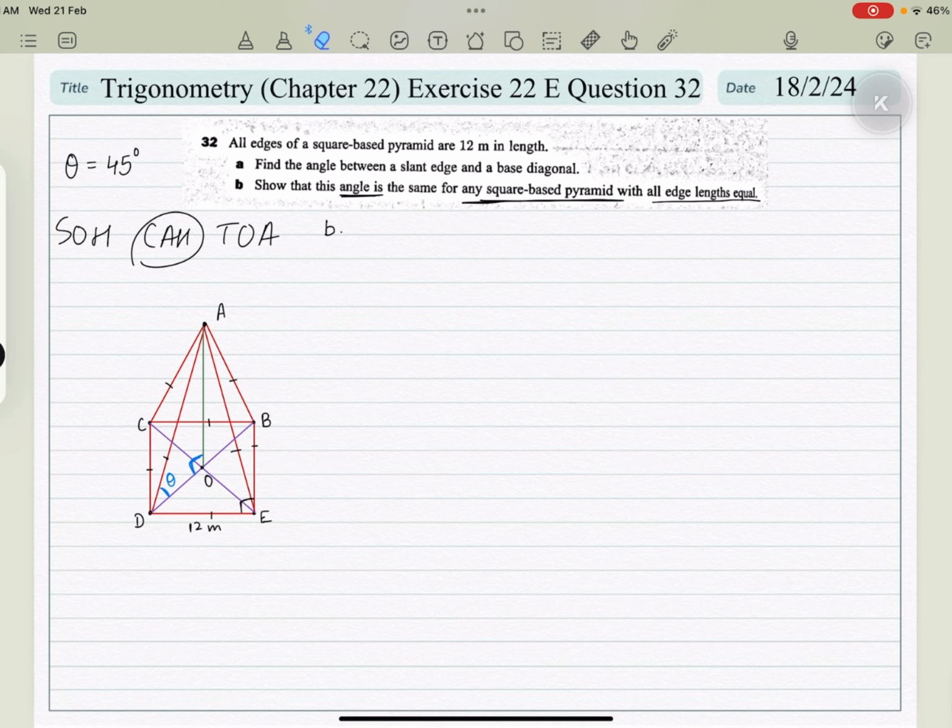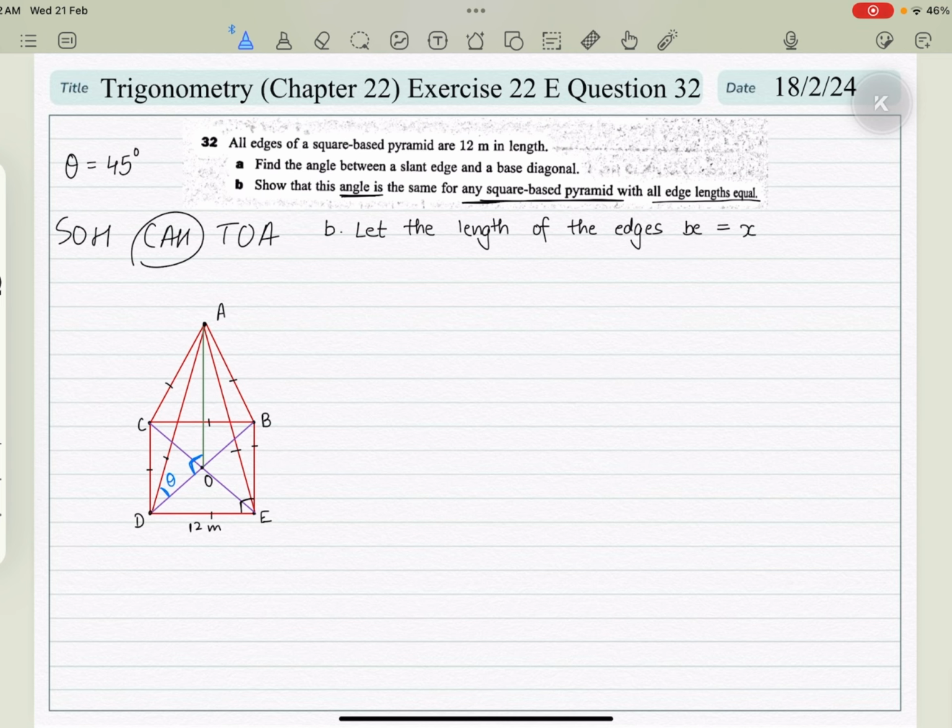So what we're going to start by doing is, if we are given the length here, we can just say let the length of the edges be x.